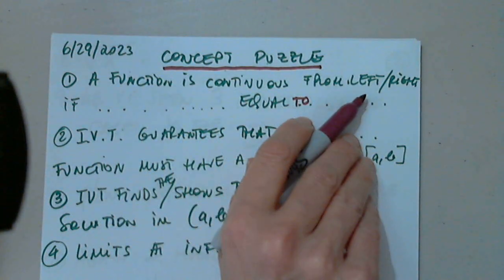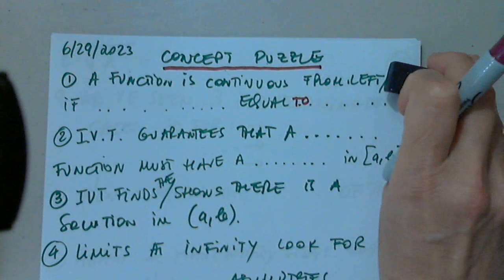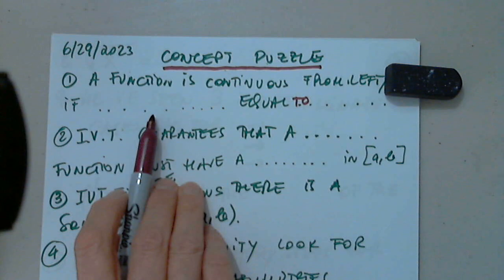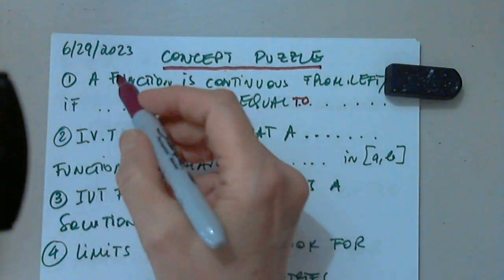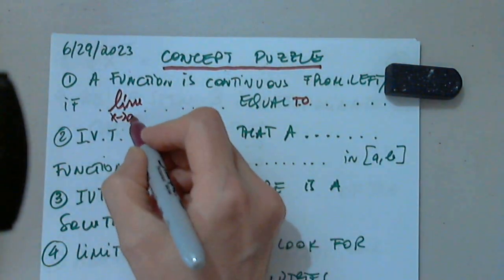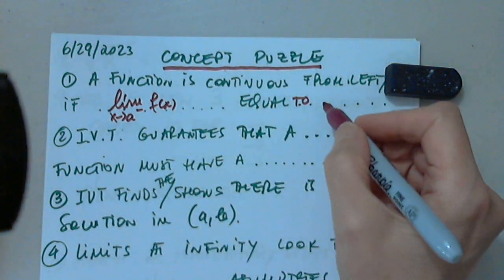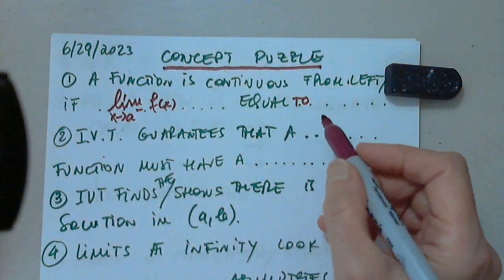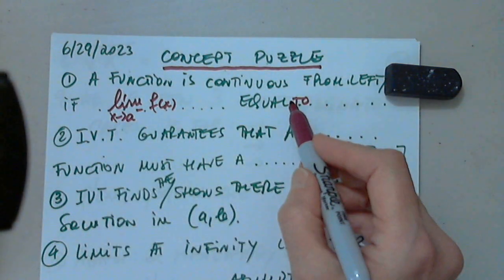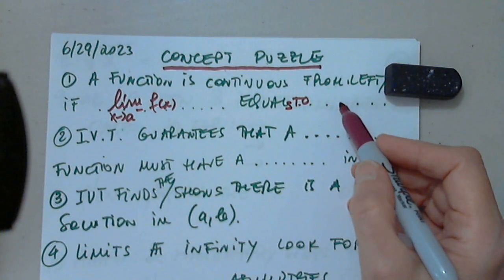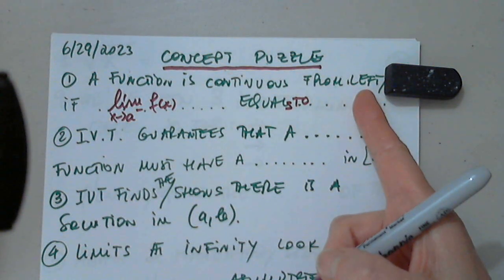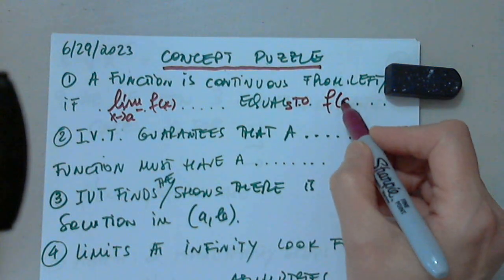So a function is continuous from the left if the limit as the function approaches that value from the left equals, or if this equals what? The limit of f of x as x approaches a from the right? Careful, no, that's not going to be continuous from the left. The value at a? Yes, exactly.